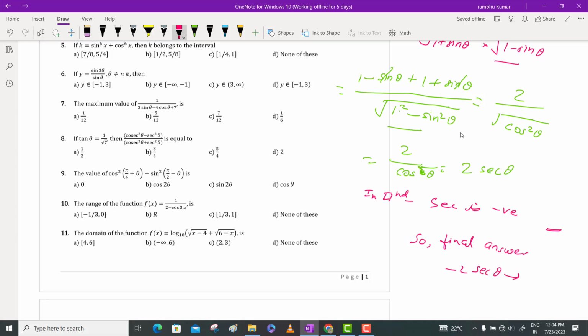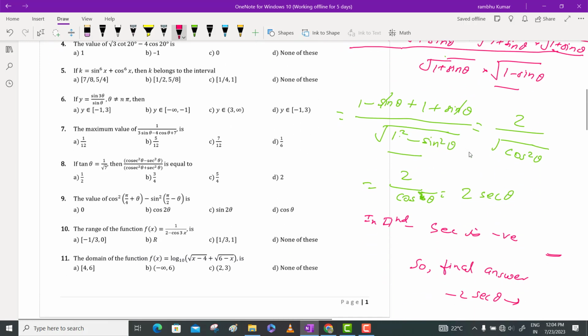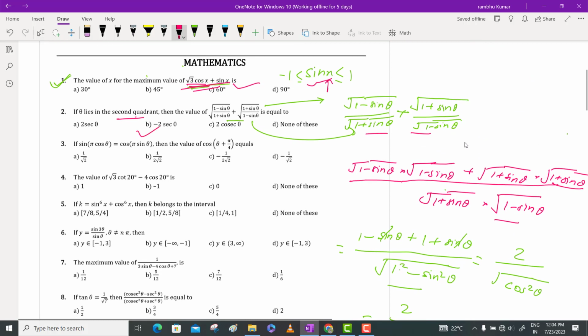Let me check the option, option B is the correct one, so here option B, minus 2 sec theta. I hope this is clear to you.